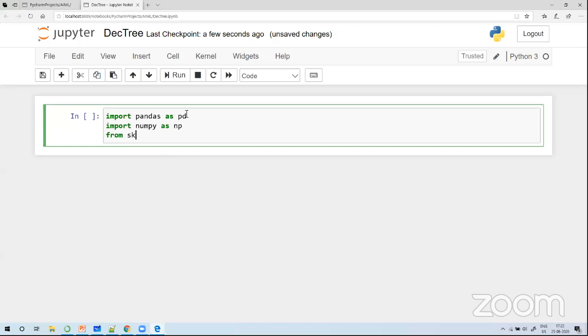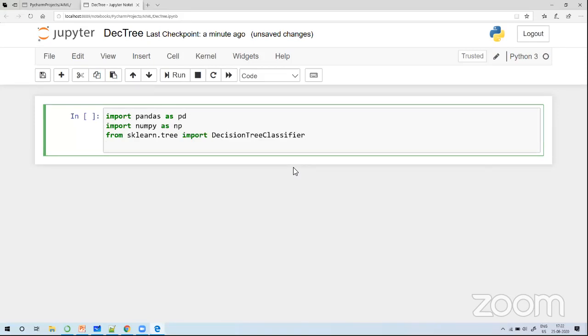From sklearn.tree, import DecisionTreeClassifier.